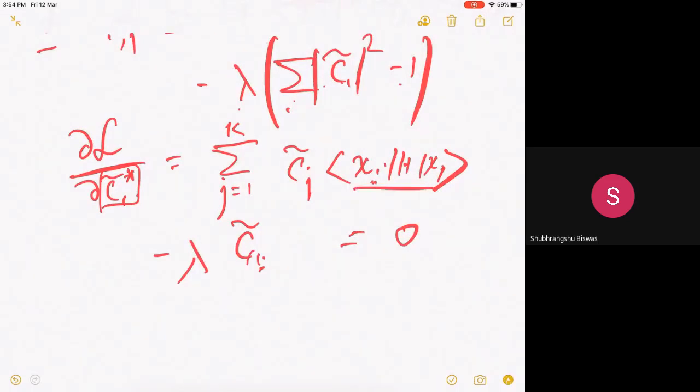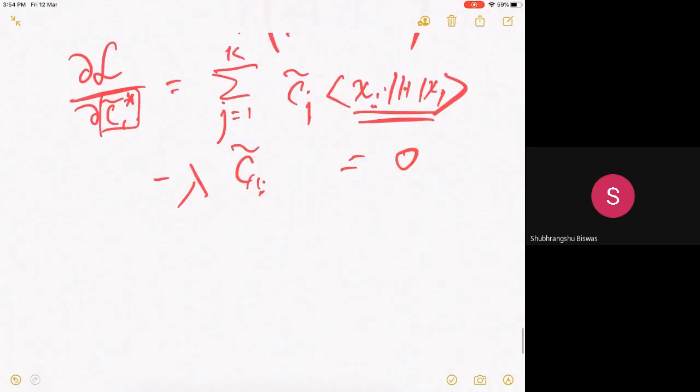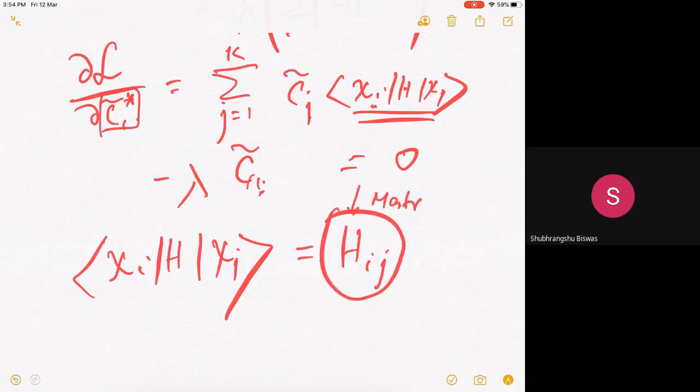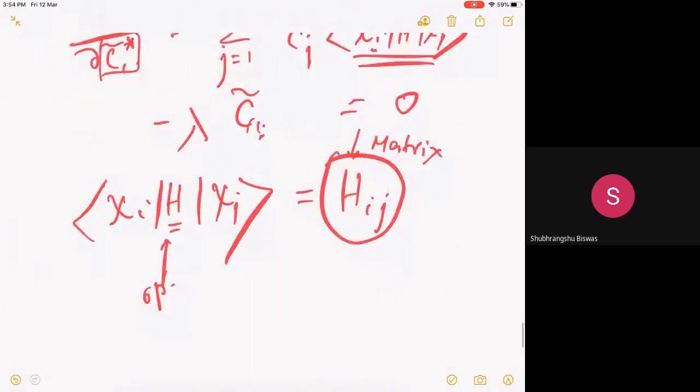If you construct this H matrix element between chi I, H, chi j, let me call it a matrix, the ijth matrix element of H. So it's a matrix now. This was an operator, this is a matrix. If I take the matrix element of this operator between chi I and chi j, I call it H_ij, ith row, jth column.